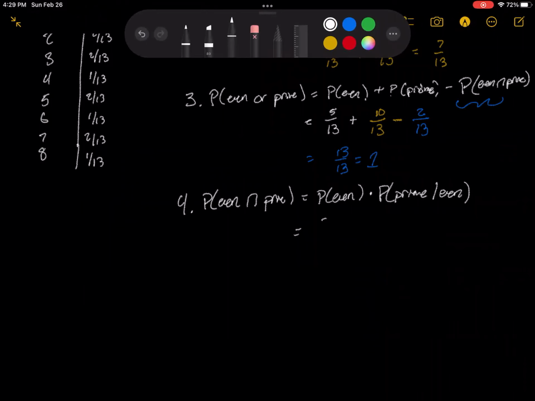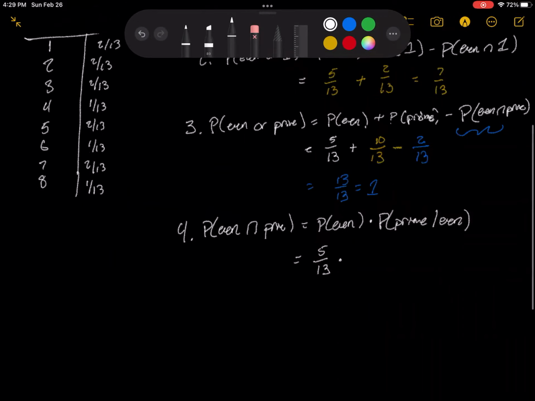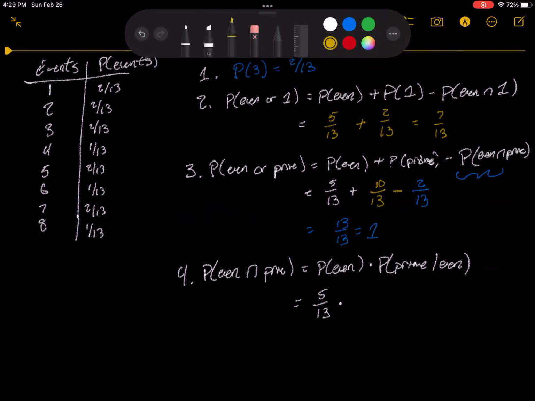So the probability of being even was 5/13. And what's the probability of being prime given that you're even? If we go back up to our table and I just look at the even numbers, there's only one of those that's prime, right? That's 2/13. So out of all the even numbers, how much space do the even numbers take up? 2, 3, 4, 5.